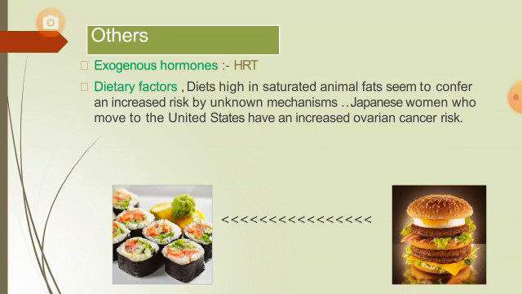In one publication, it was noticed that Japanese women who moved to the United States have an increased ovarian cancer risk. While ovarian cancer is less prevalent in Japan, these women, when moved to the United States, get a high risk of ovarian cancer. This could probably be due to environmental factors or dietary factors.